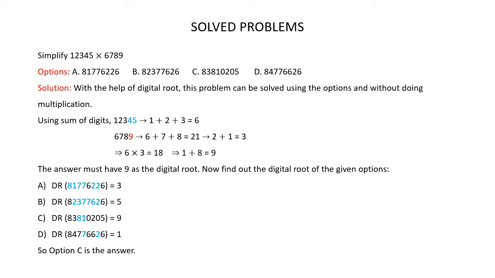And 3 plus 7 is 10 and 1 plus 0 is 1. So the digital root of option D is 1. Now when you look at all these options, you'll see that option C has the digital root as 9. So option C is the correct answer.